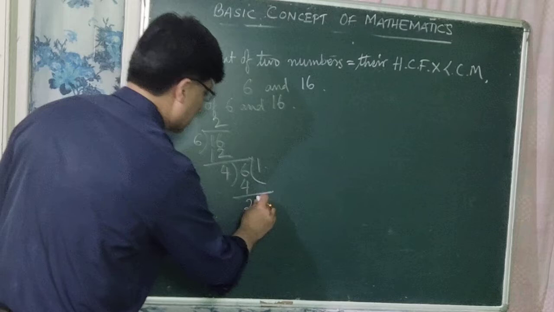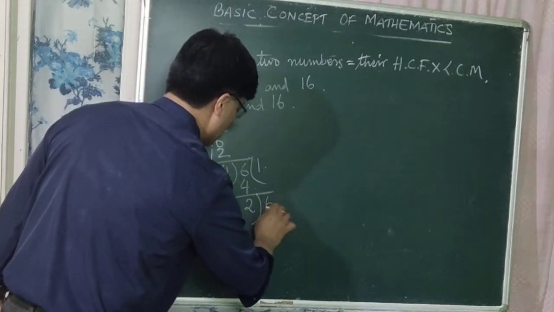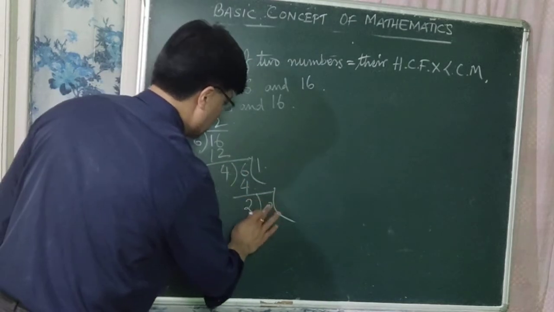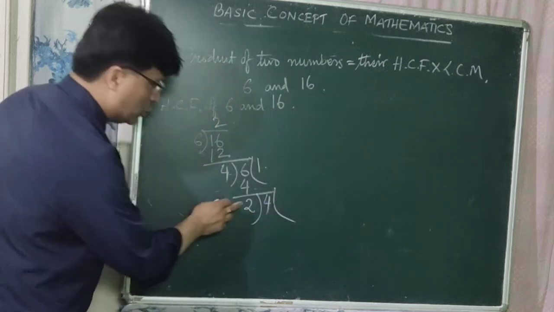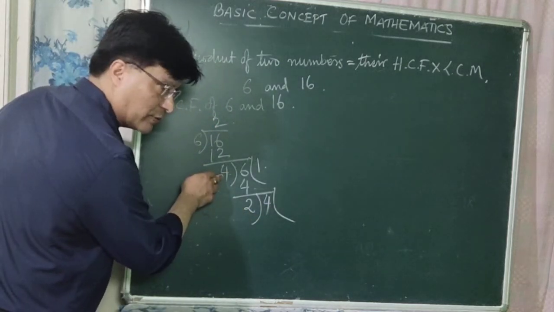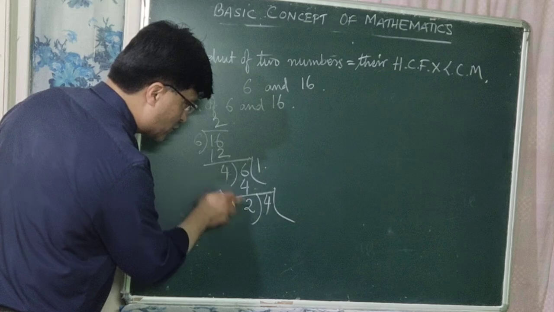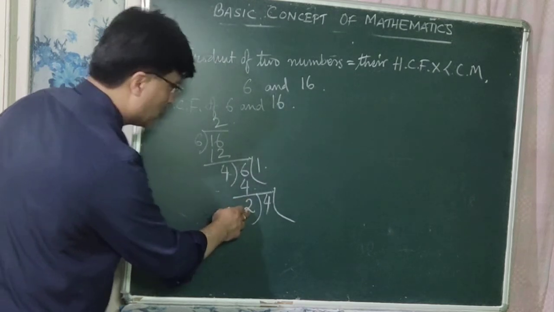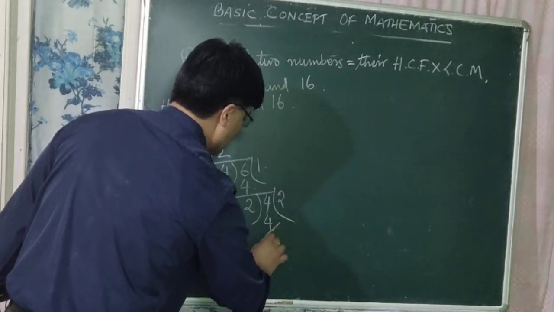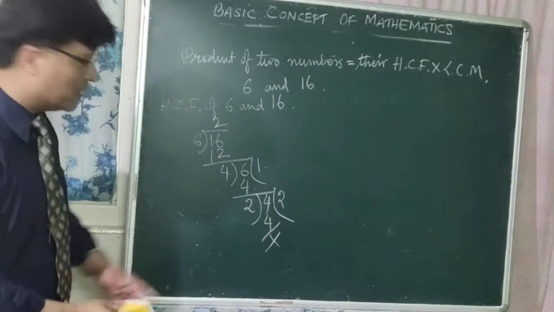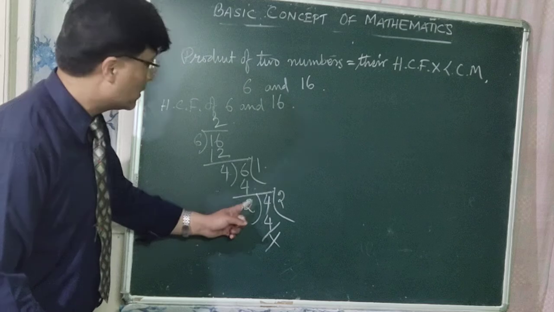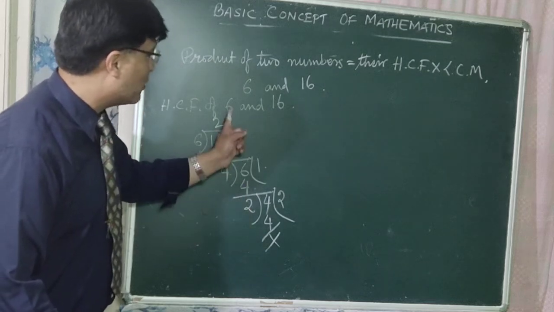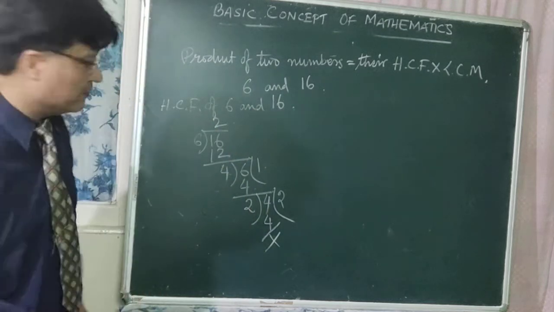Sorry, again we divide this 4 by this 2, right? This divisor should be divided by this remainder. So it is 2 2s are 4. So which is the HCF here? This 2 is the HCF of 6 as well as 16.